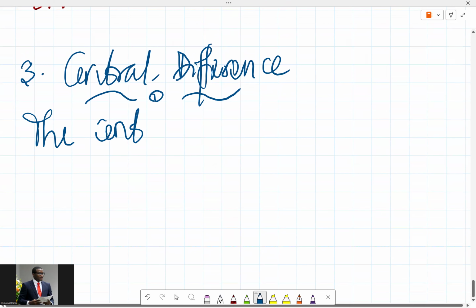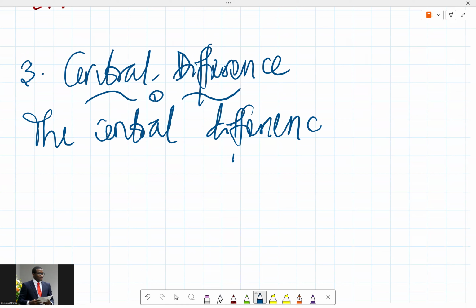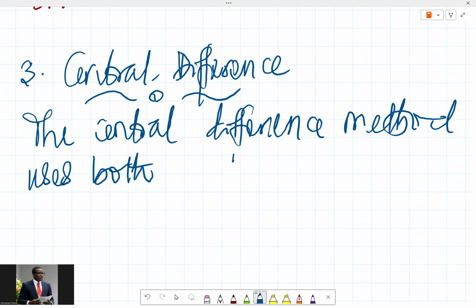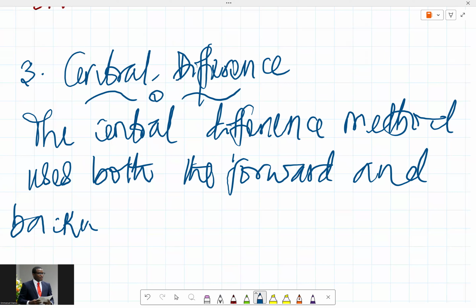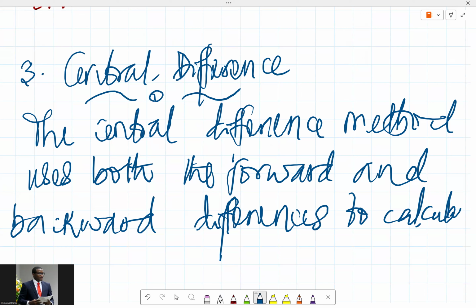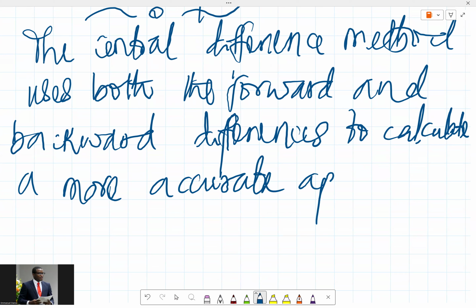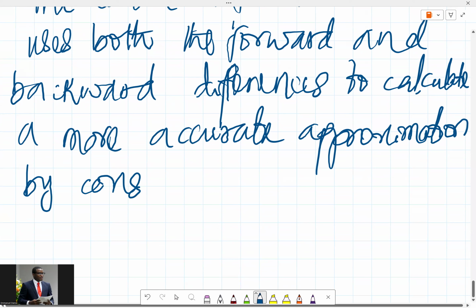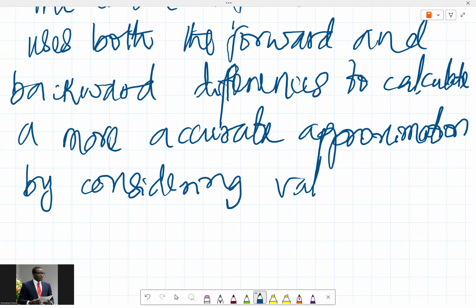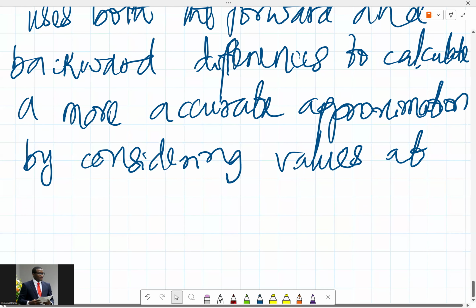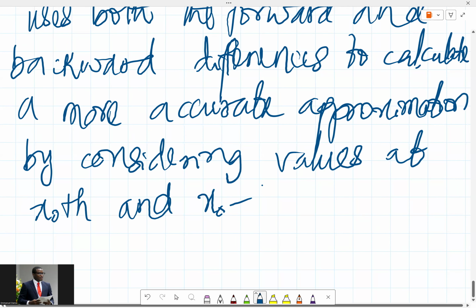The central difference method uses both the forward and backward differences to calculate a more accurate approximation, by considering values at x naught plus h and x naught minus h.